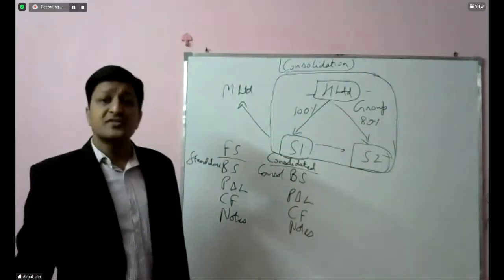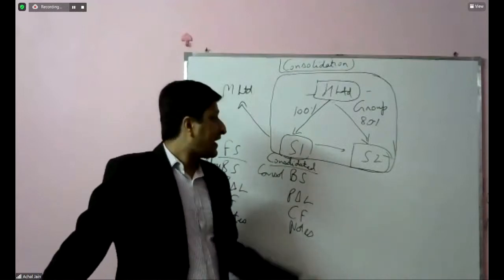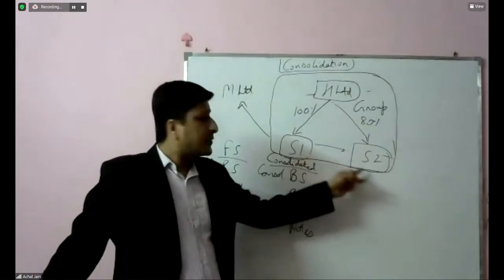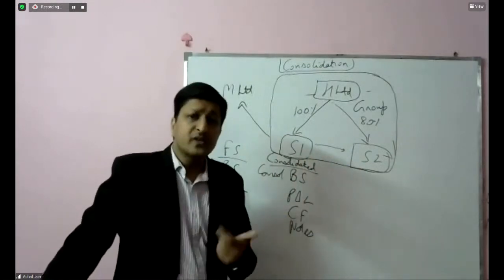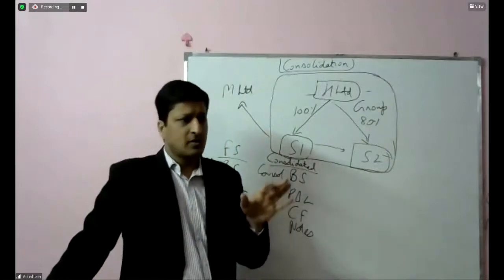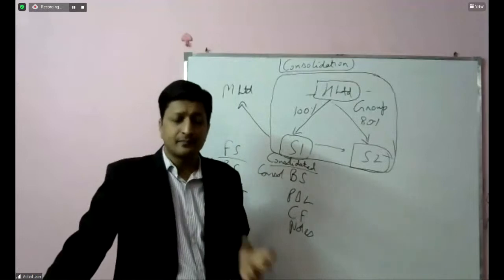So it is not necessary that H Limited will have 100% shareholding in all of its subsidiaries. Because for a subsidiary, 100% shareholding is not a must. Yes, the shareholding has to be greater than 50% for Indian GAAP.